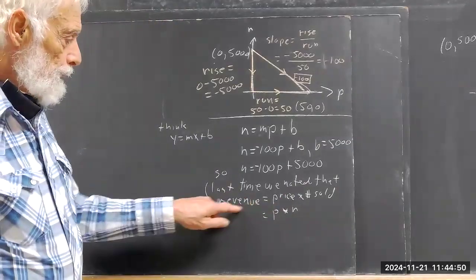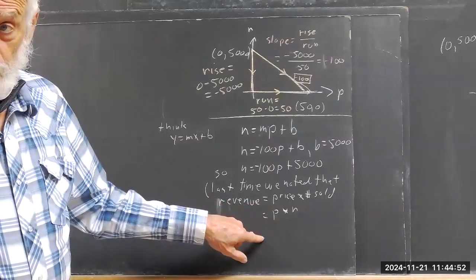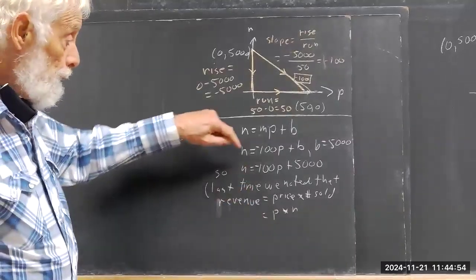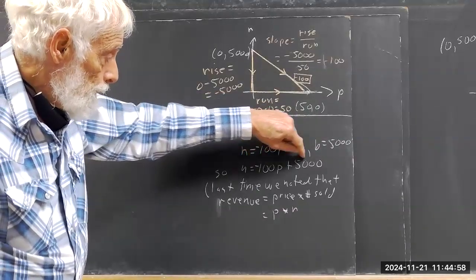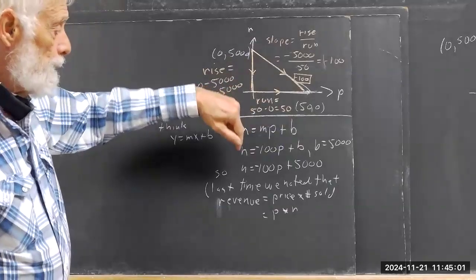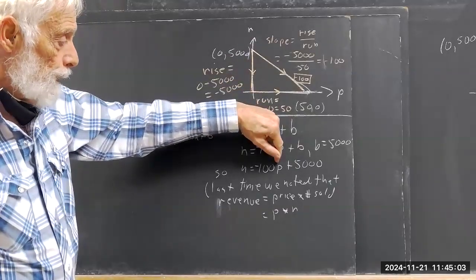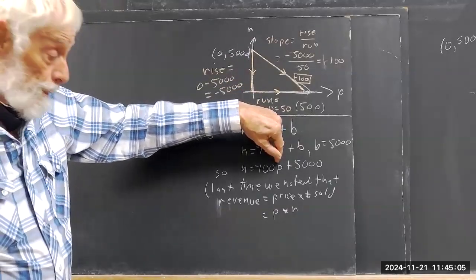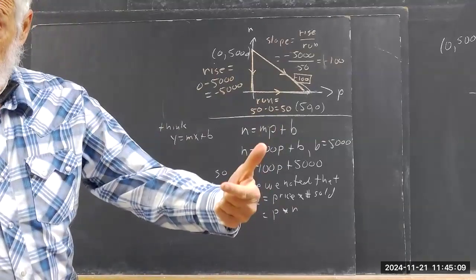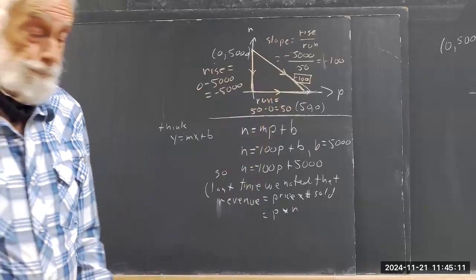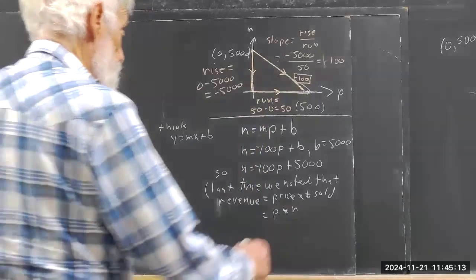So right now, I'm just going to write that down conceptually. That's our revenue. Once we have our function that gives us the number sold as a function of the price, we can multiply that by the price and see how much money we're going to take in. All right.